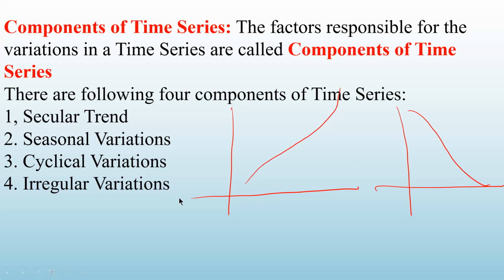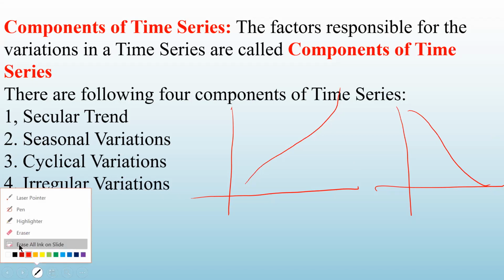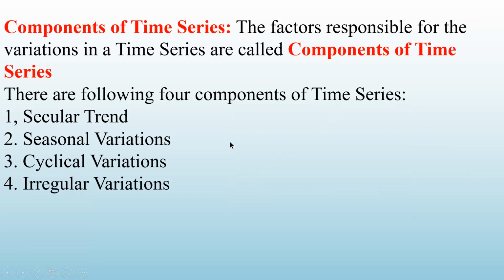Either over a long time it will show an increasing trend or a decreasing trend. Second one is seasonal variations. The sale of certain items increases suddenly during a particular season, so there will be a variation in the time series during that period.